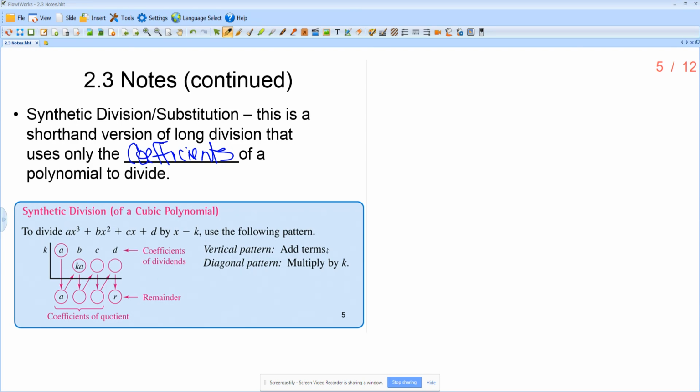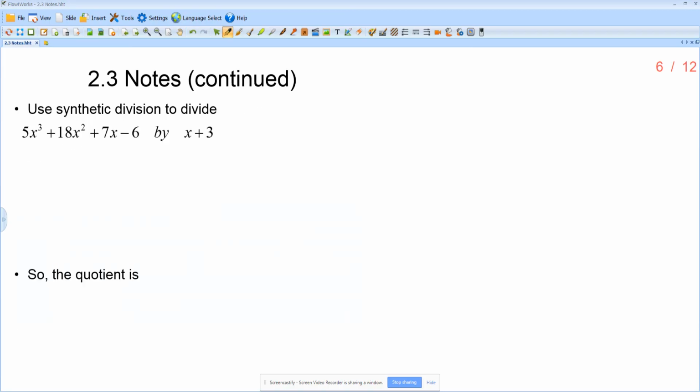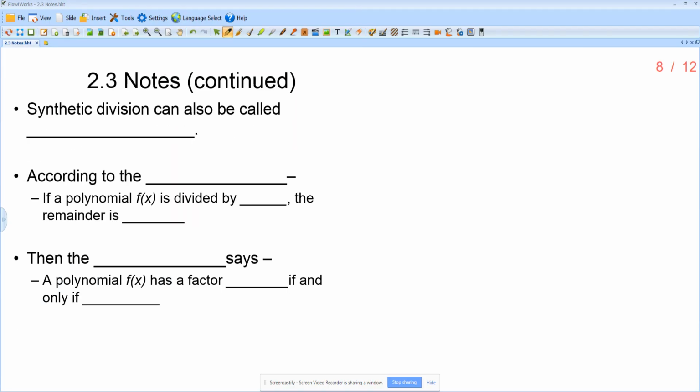And here vertically, you can see you're going to add. So then I would add straight down. Whatever I get here, I would multiply by k and bring up. I'd add straight down, multiply by k, bring up. Add straight down, get a remainder. And you'll see examples of that. I strongly recommend that you go and watch some of those examples because I'm not going to do any of them here. I'm going to leave it to you.